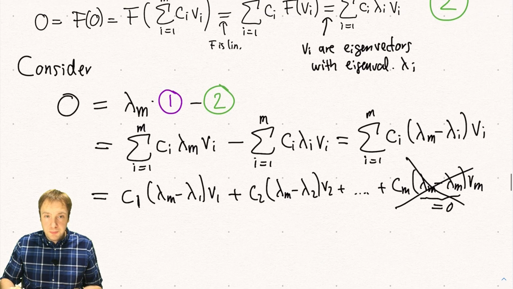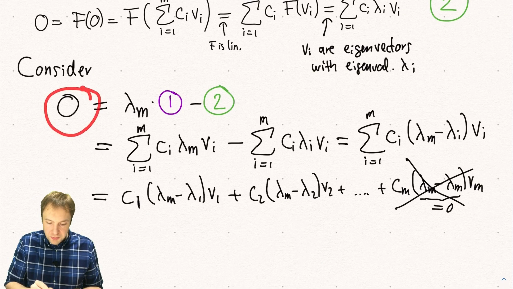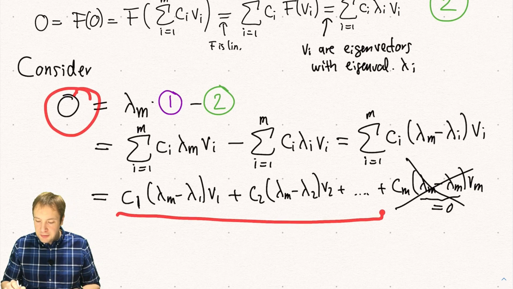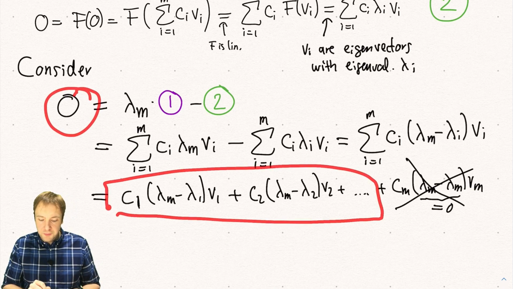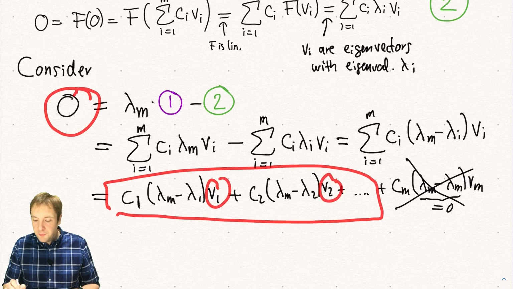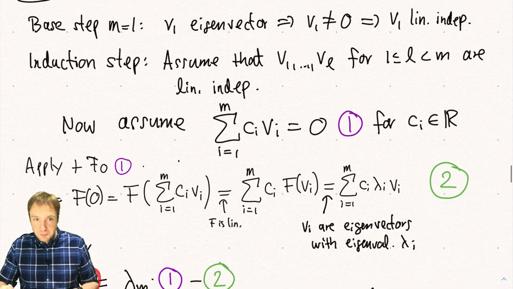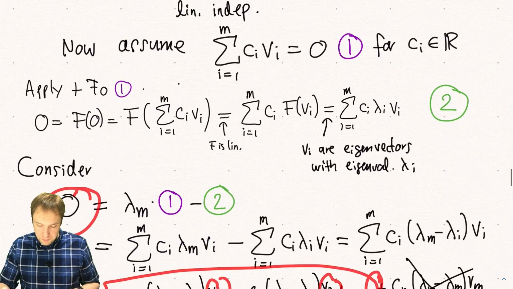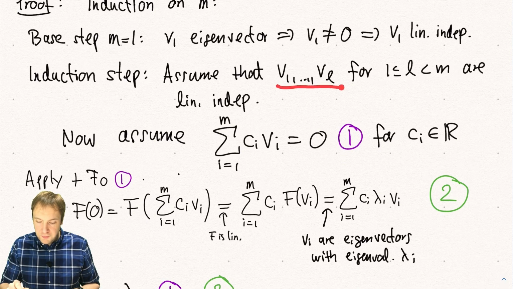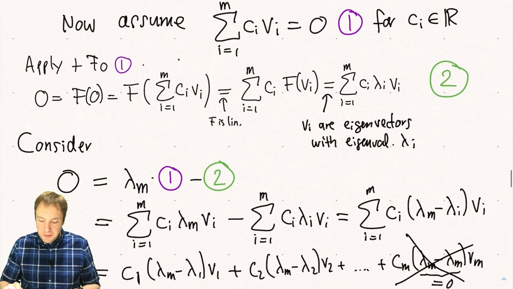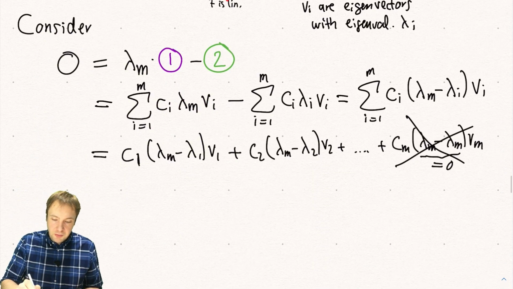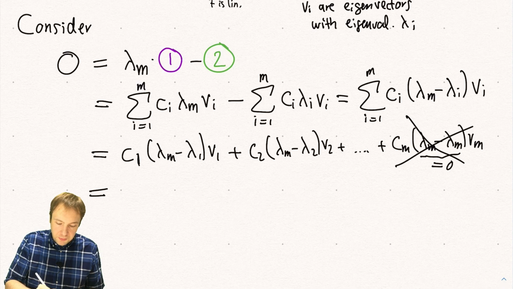And now, because this is 0, and here I have a linear combination of the vectors v1, v2, up to v m minus 1, and we assumed that v1 up to vl, where l is a smaller number than m, are linearly independent, this is our induction hypothesis.